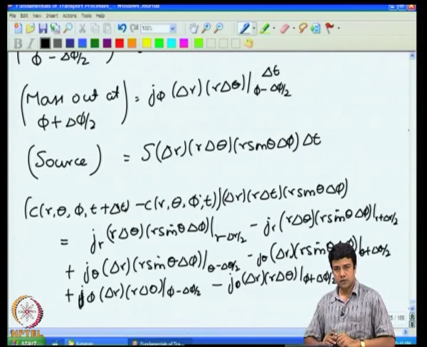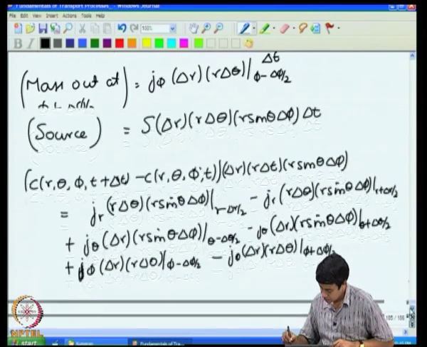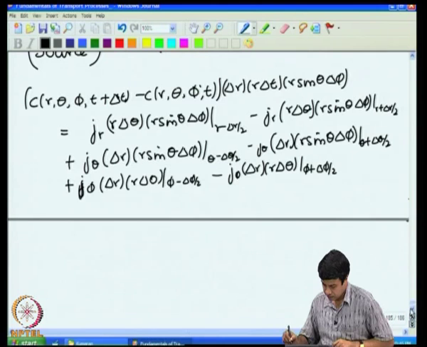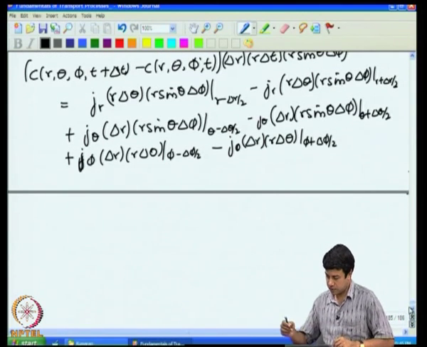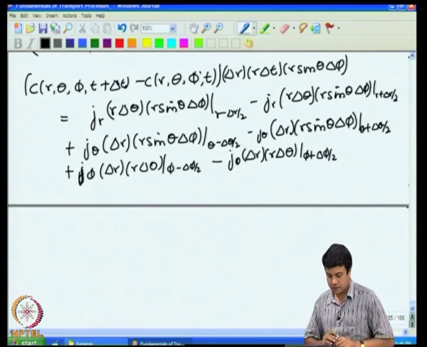Okay. So, these are the terms due to diffusion. I told you there are additional terms due to convection. The terms due to convection are obtained just by substituting C u_r for J_r, C u_theta for J theta and C u_phi for J phi.